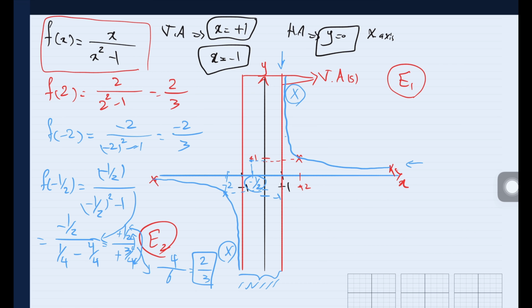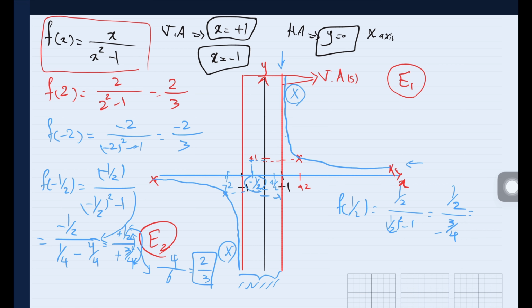And then if I check the other part, positive 1 over 2, then f of 1 over 2 is 1 over 2 over 1 over 2 squared minus 1, which is 1 over 2 over negative 3 over 4.